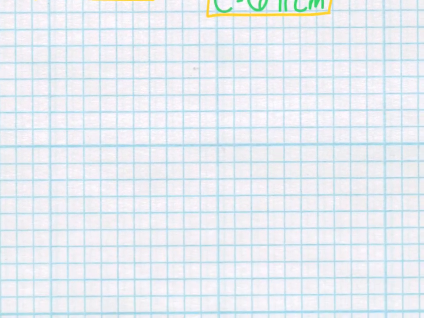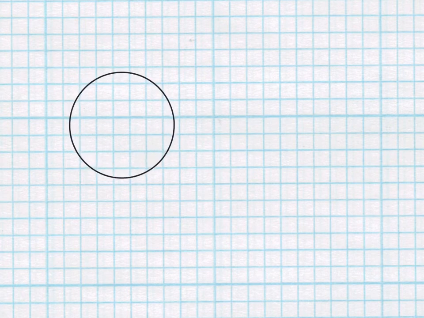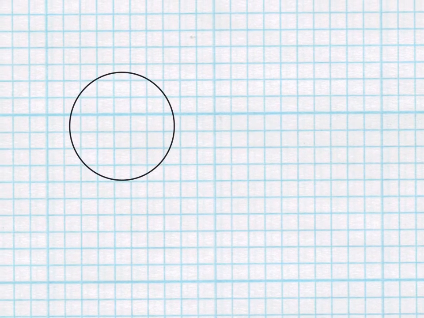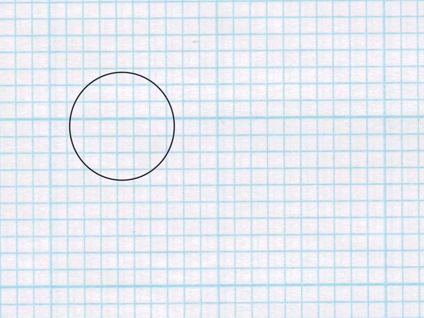Okay, let's move on and do another example. So let's get another circle. So here's our circle. And let's give it a center point. Let's call that M. And we're going to draw a diameter.